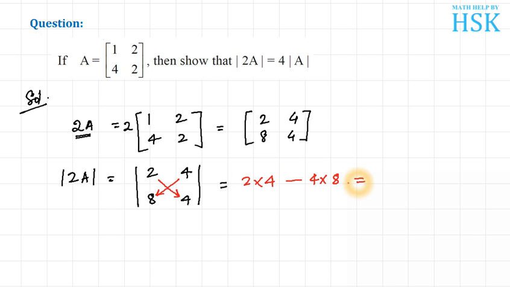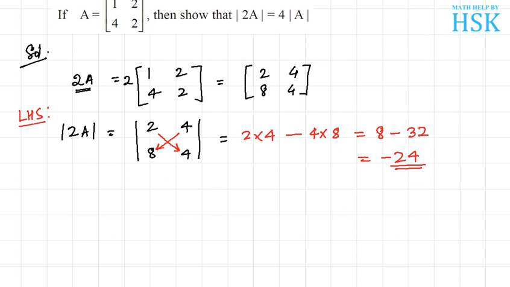So this will be equal to 8 minus 32, which is minus 24. Okay, so we can say that our LHS, left hand side, is equal to minus 24.